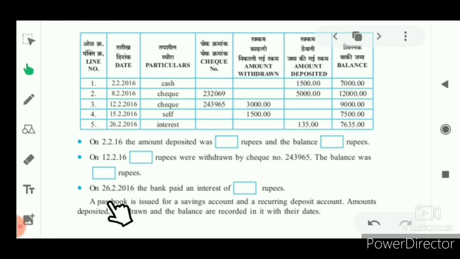On 26 Feb 2016, the bank paid an interest. If the bank pays an interest on our amount, then that interest will also be entered in our passbook. On 26 Feb, the bank paid an interest of 135 rupees.